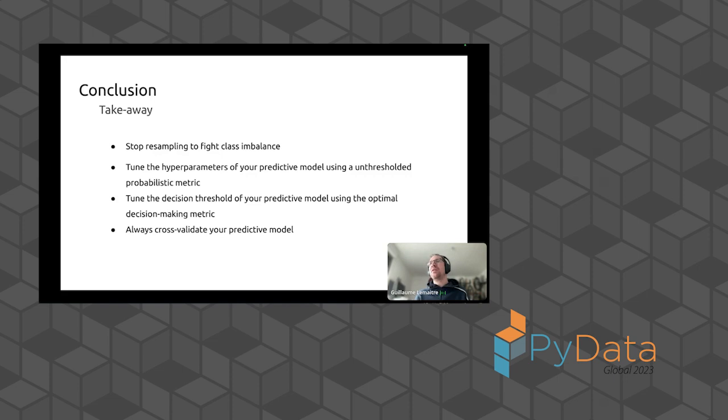But in general, this is not great if you try to get a calibrated classifier. If you resample, you will need to recalibrate your classifier. And the second thing is that with resampling, you are not controlling for the best decisions that you can get at the end.